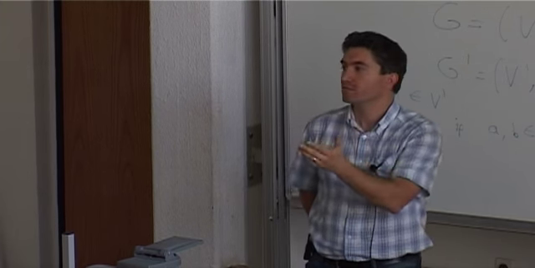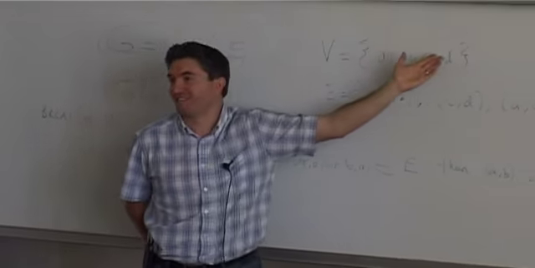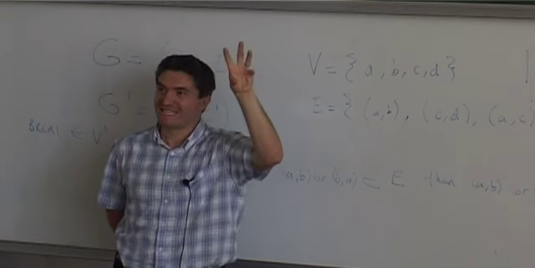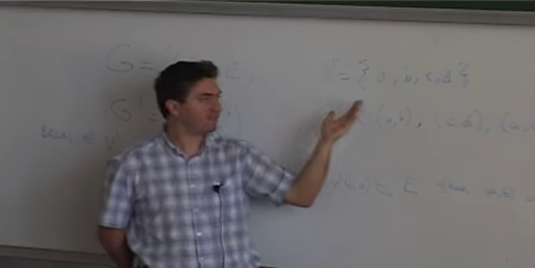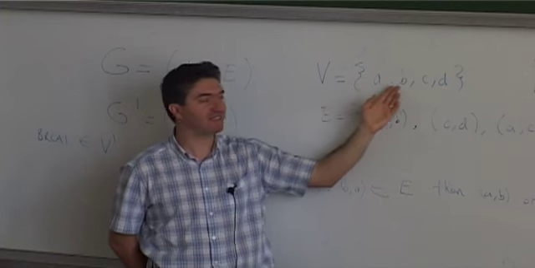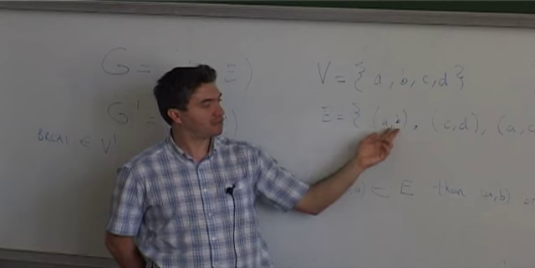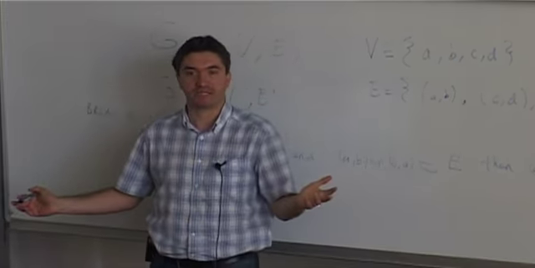So, you can represent them as sets. You can have a set of nodes in your set data structure, or you may have them as a vector, or a list. Just have a list of nodes and a list of 2-tuples like this. And that's one representation.